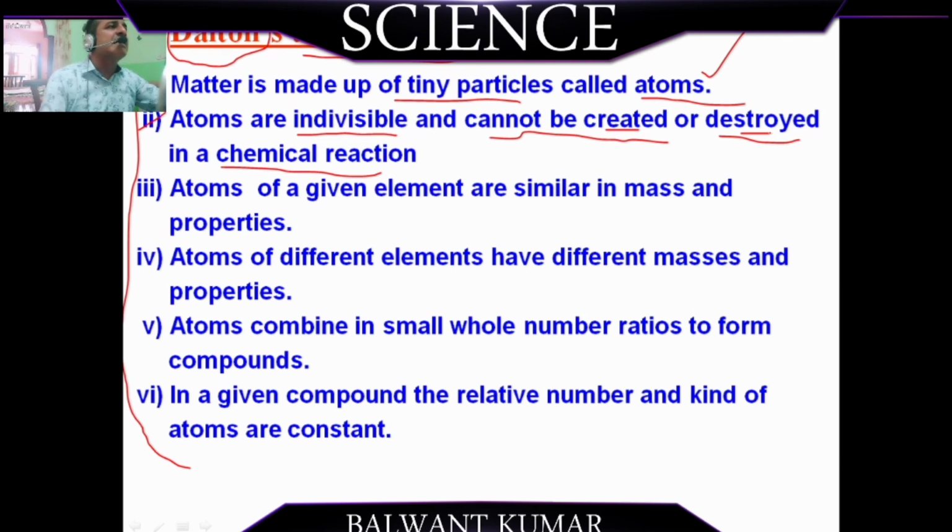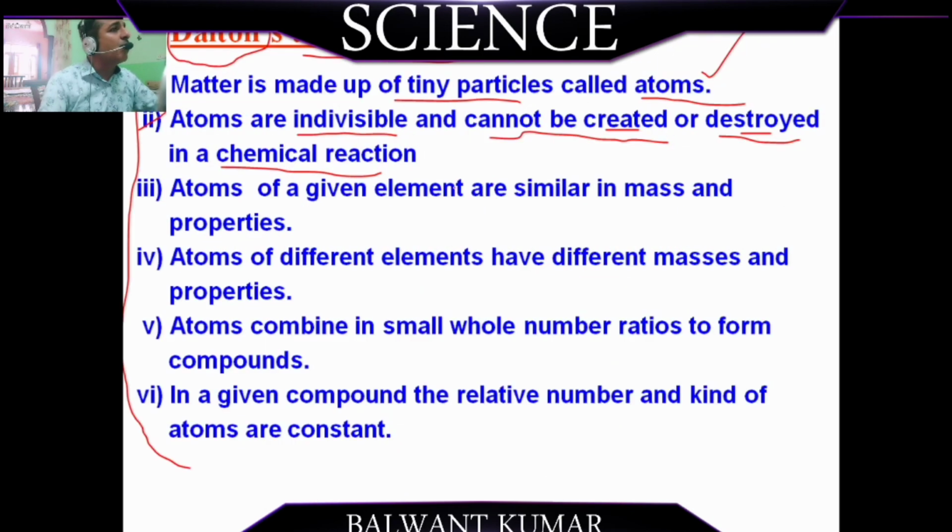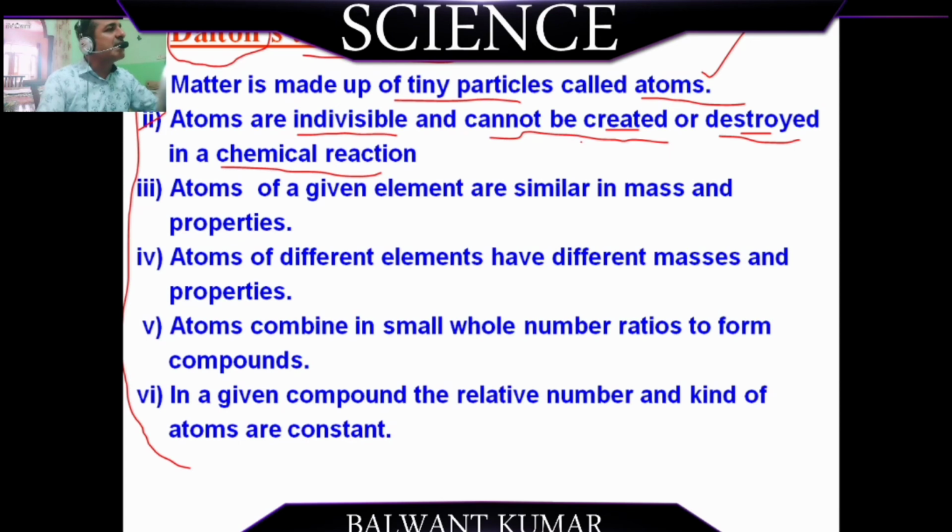We really cannot create atoms or destroy atoms in a chemical reaction, and this was proven by the law of conservation of mass. So the second postulate of Dalton's atomic theory was on the basis of the law of conservation of mass. Here you can be asked in the exam which postulate of Dalton's atomic theory supports the law of conservation of mass.